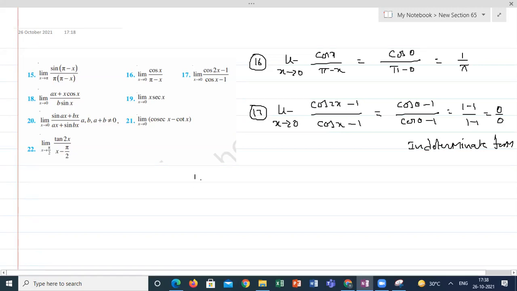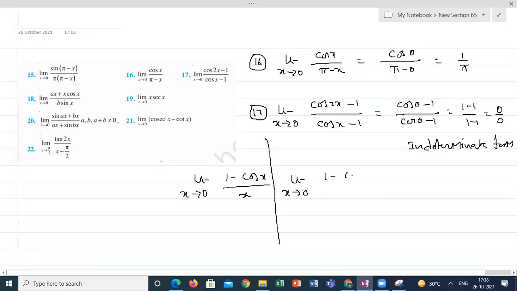We know limit x tends to 0, 1 minus cos x by x. So how to bring it in this format? I'm multiplying numerator and denominator with minus 1.